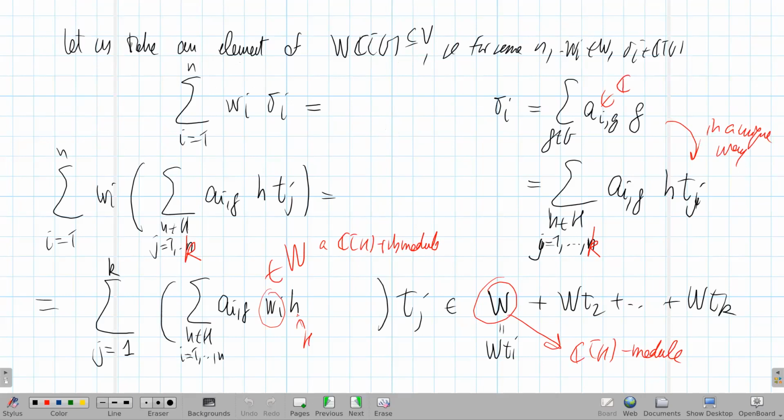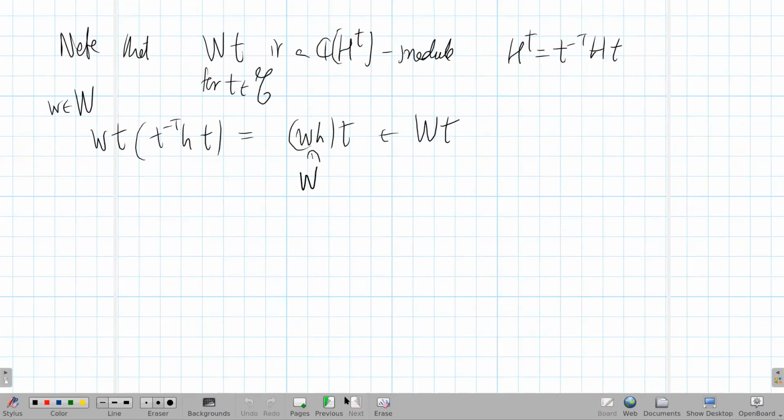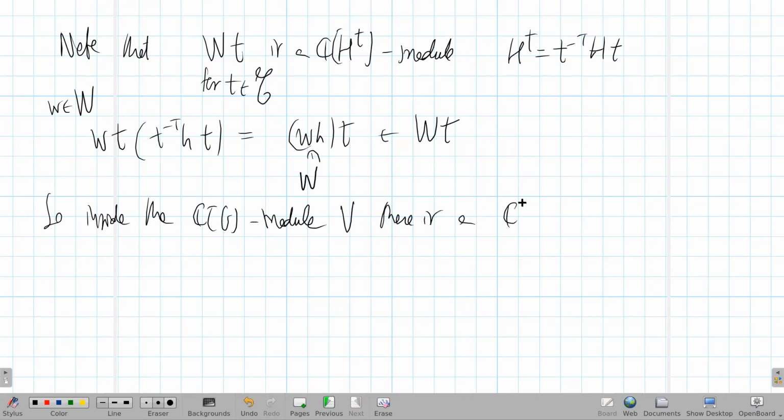Let's rewrite this here. Inside the CG module V there is a CG submodule, W^CG.